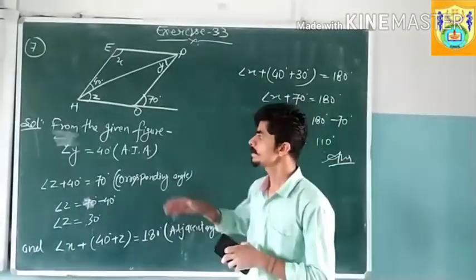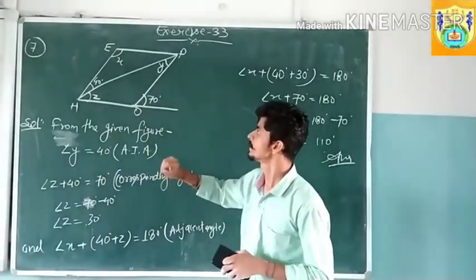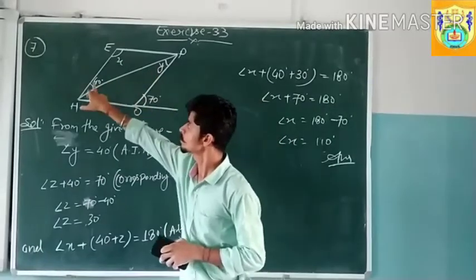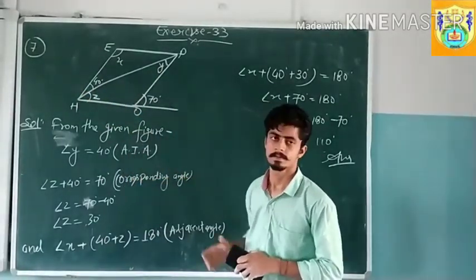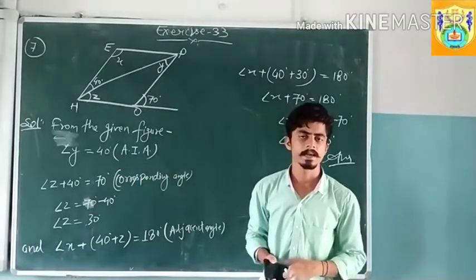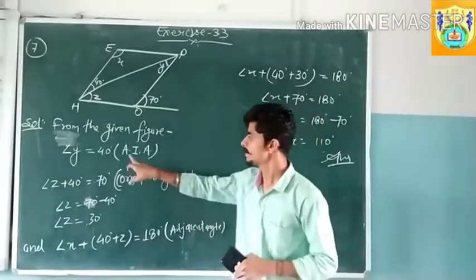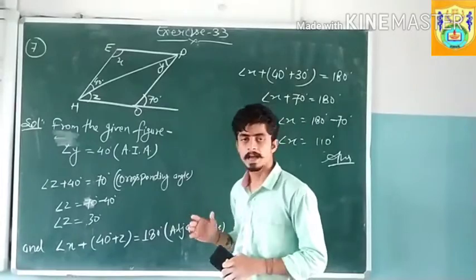So firstly, from the given figure, angle y is equal to 40 degrees. Angle y is equal to 40 degrees because it is an alternate interior angle. What is an alternate interior angle? I told you before that alternate means just different side and different line segments.